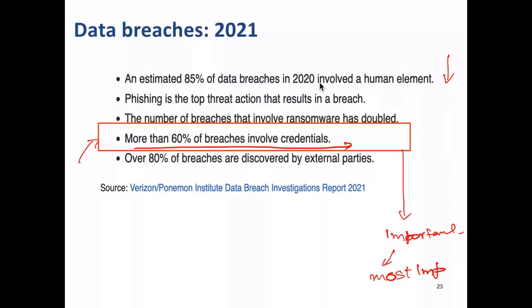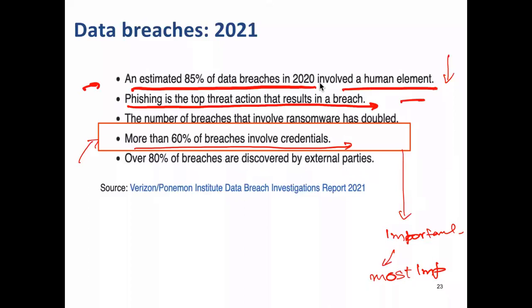Other things you can also read are that about 85% of data breaches involve the human element. And phishing is the top threat action that results in a data breach. We'll look at phishing a little later, maybe in later classes.